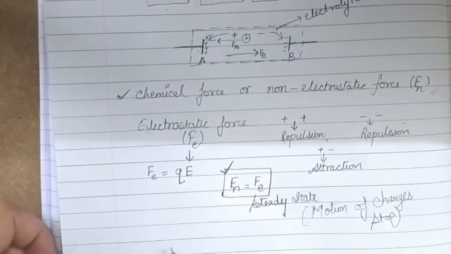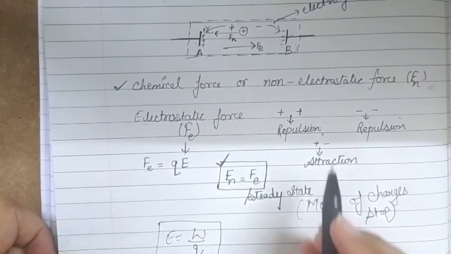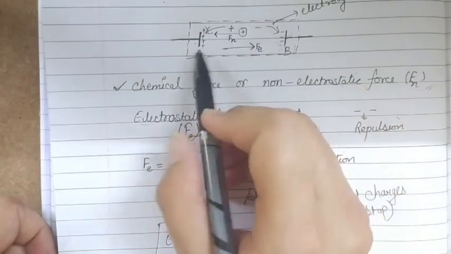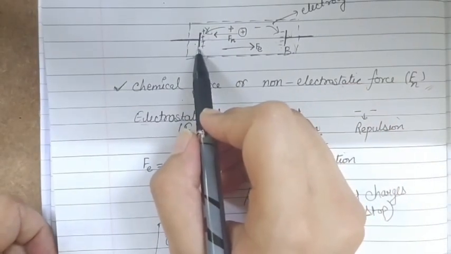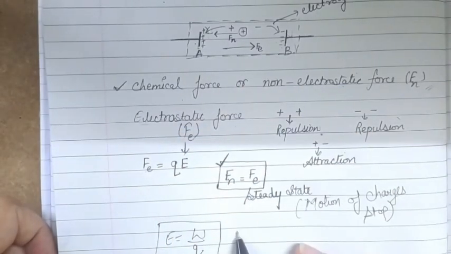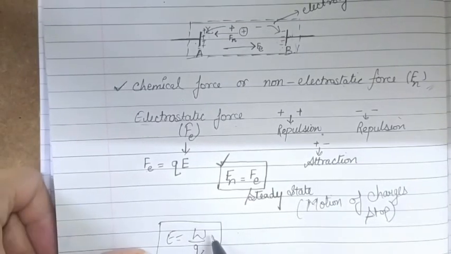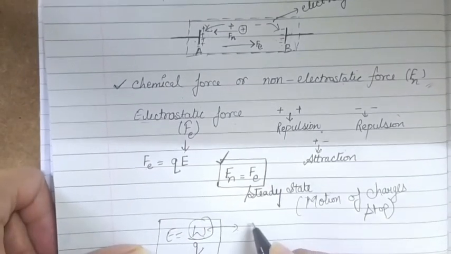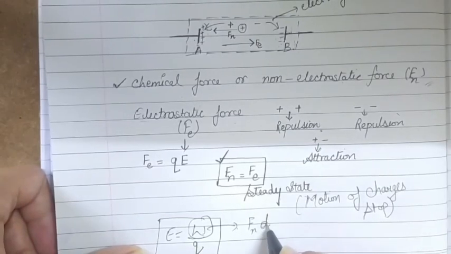So basically EMF is the work done to move a unit positive charge from lower potential to higher potential. All right, EMF क्या है? EMF is the work done by the non electrostatic force. This work done W is by the non electrostatic force and is given as Fn into d.